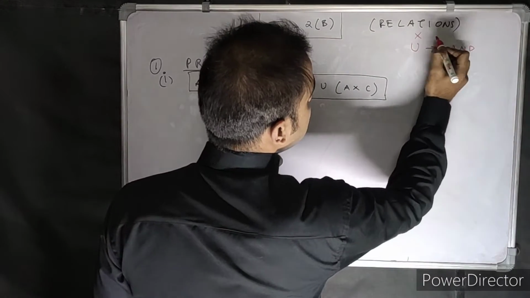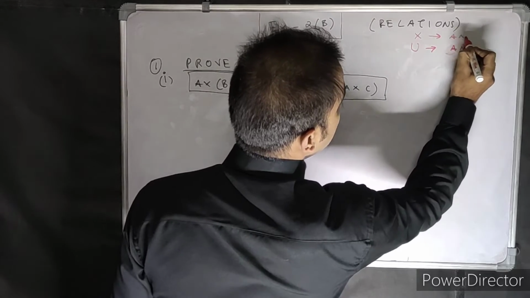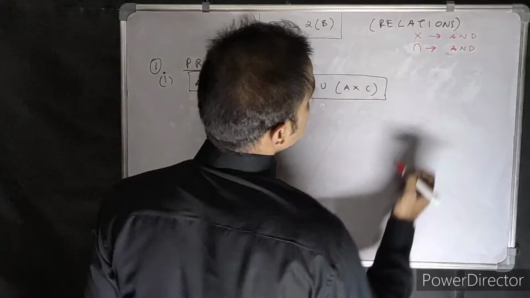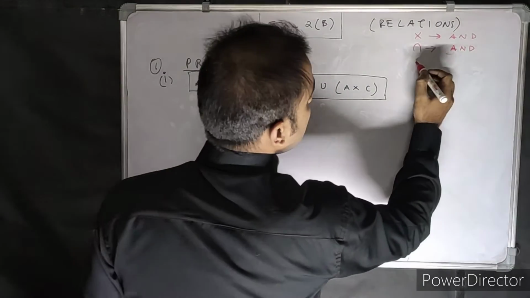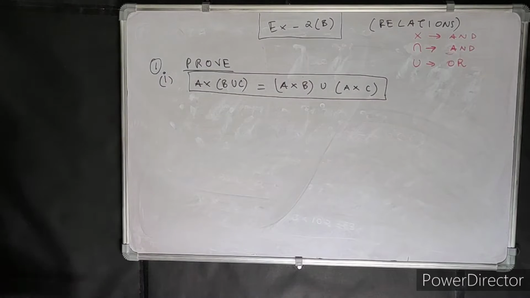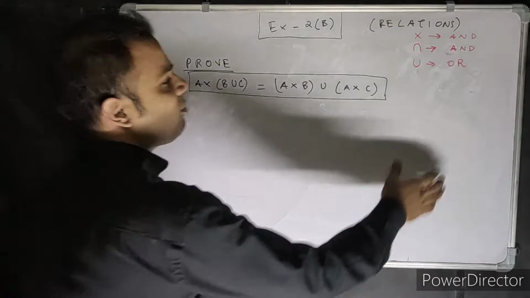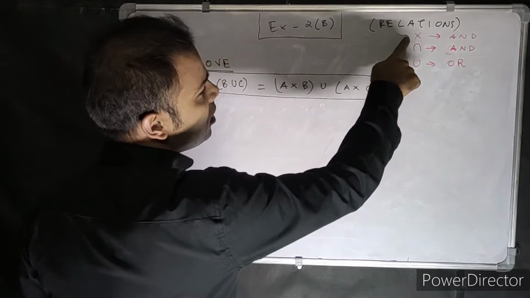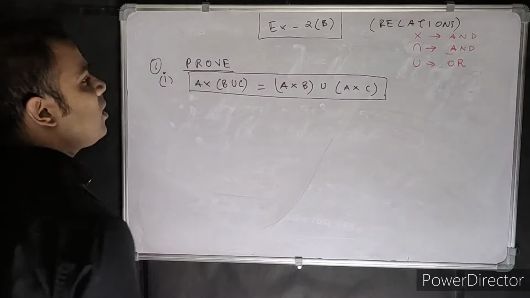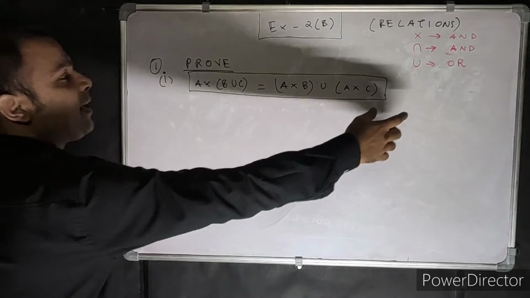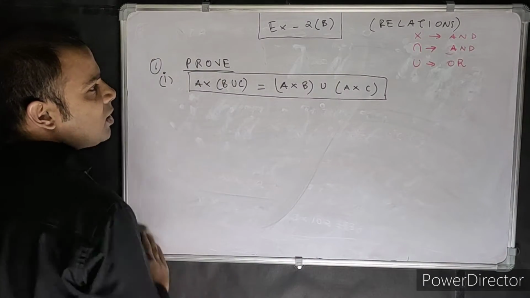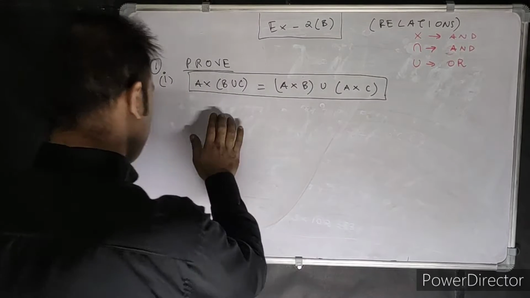Union you are going to write as "or". The cross you'll write as "and", intersection also as "and", and the union as "or". We didn't get any union in the theorems, so I couldn't show you one, but in this question we have, so I'm going to show you how to do this.